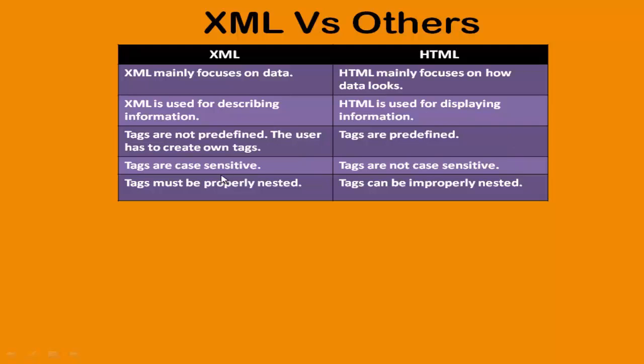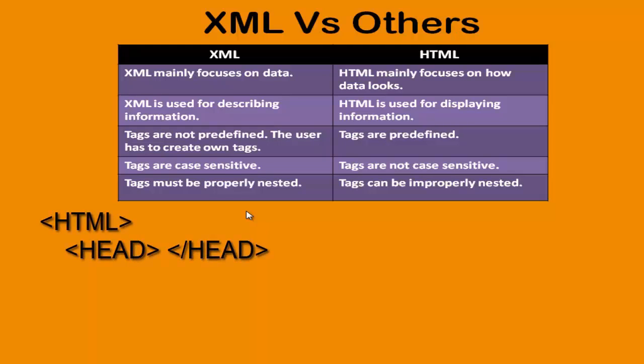In XML, tags are case sensitive, as I said already. Here in HTML, the tags are not case sensitive. And the most important part is that in XML, the tags must be properly nested. Nesting in the sense, consider normally in HTML, after giving head, we might give body. Before closing the body section, we'll close HTML.